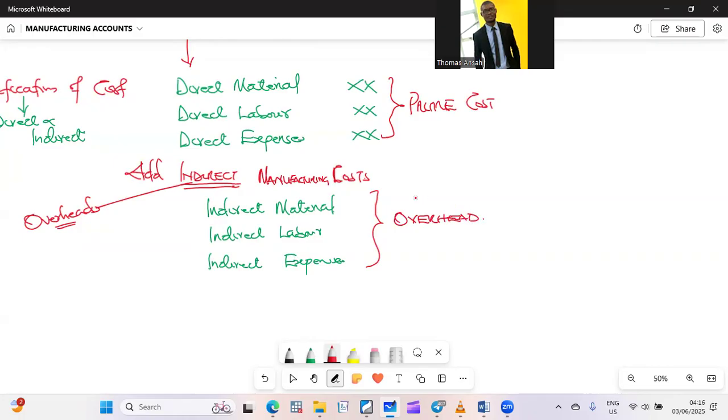So you have your overheads. Now, when you put the overheads and the prime costs together, you have what we call production costs. Remember what we were looking for?